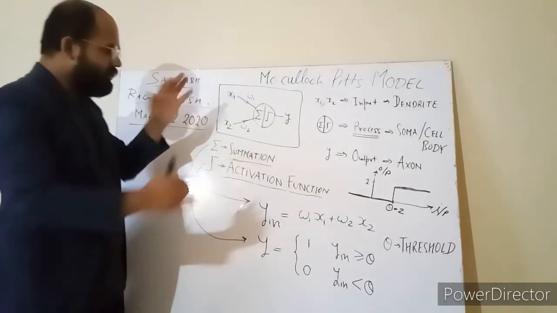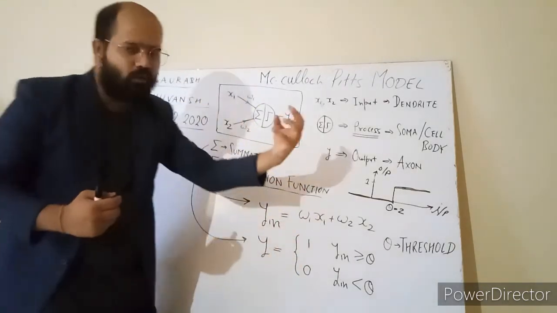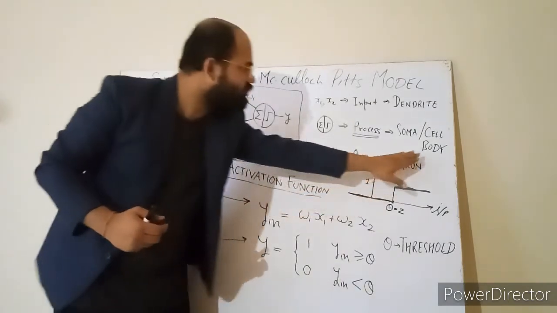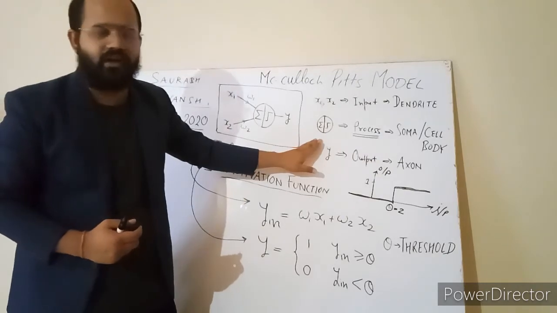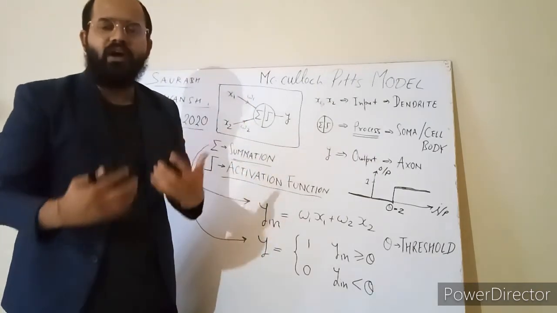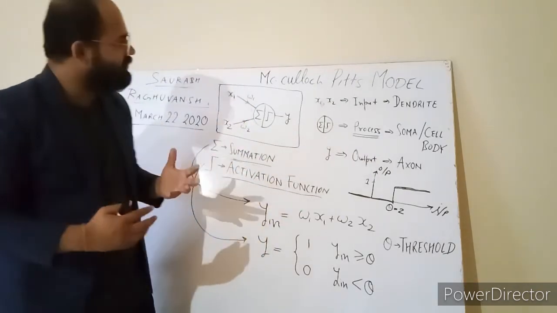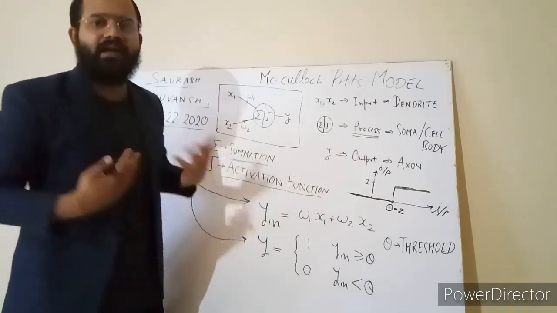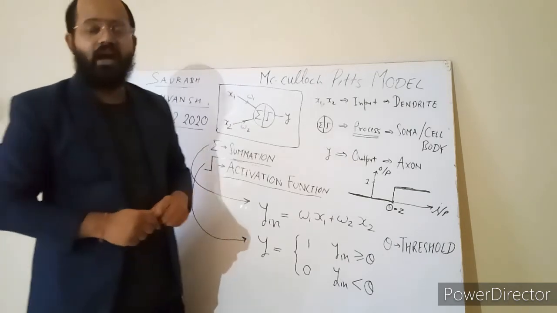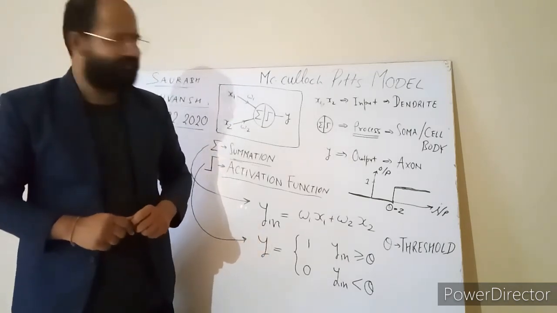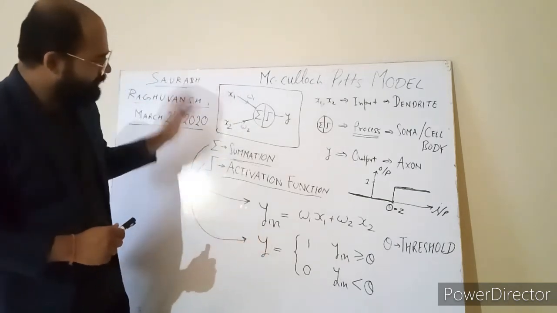So this is the complete analogy of the biological neuron, with the system representation and the mathematical representation. Now we are ready to begin with the mathematical representation of this model. We can apply it to develop different logics, such as Boolean logic.